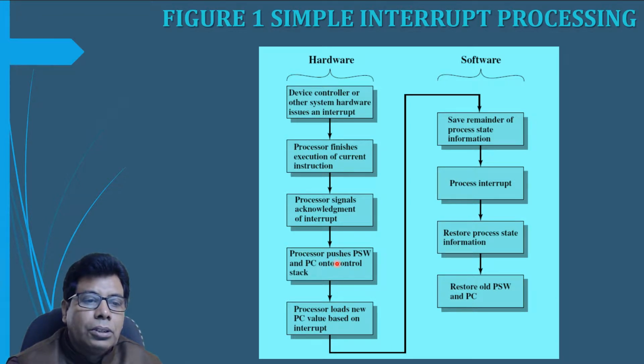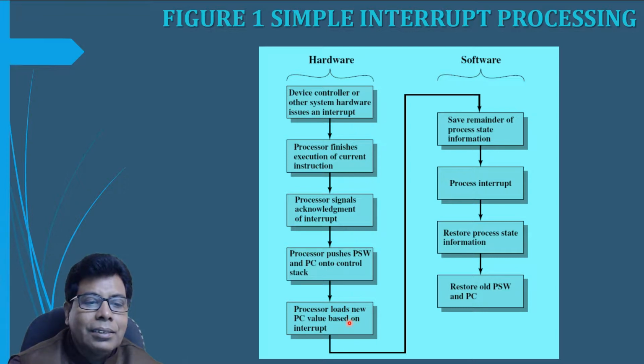Then the processor will push the program status word and PC onto the control stack. This is nothing but the context being pushed onto the stack. Then the processor loads the new PC value based on the interrupt.